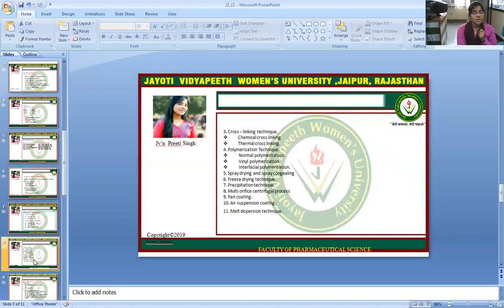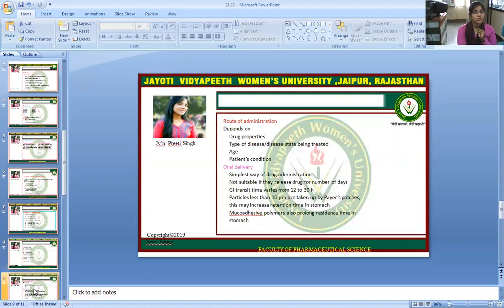The cross-linking technique is chemical cross-linking and thermal cross-linking. The polymerization technique is normal polymerization, vinyl polymerization and interfacial polymerization. Then spray drying and spray congealing, freeze drying technique and precipitation technique, multi-orifice centrifuge, pan coating, air suspension coating and melt dispersion technique.